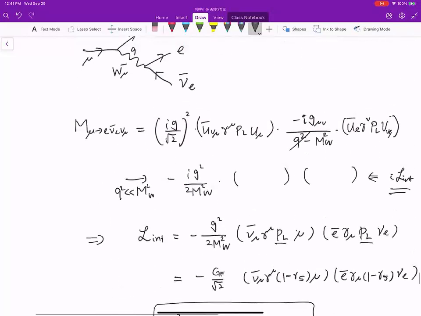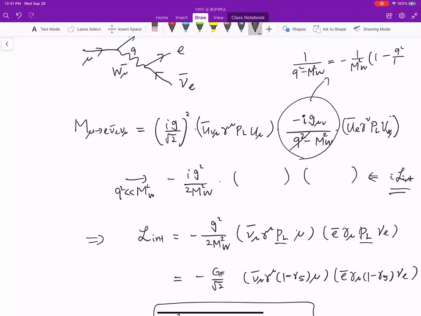Also at the level of this amplitude, you can expand this 1 over Q squared minus M_W squared factor in this form. Here we are keeping only the leading term in this derivative expansion, right?